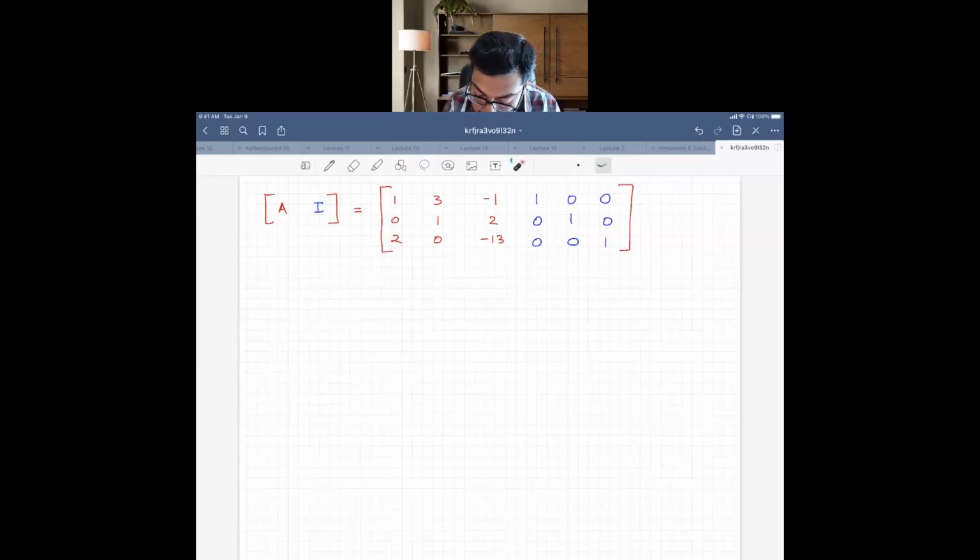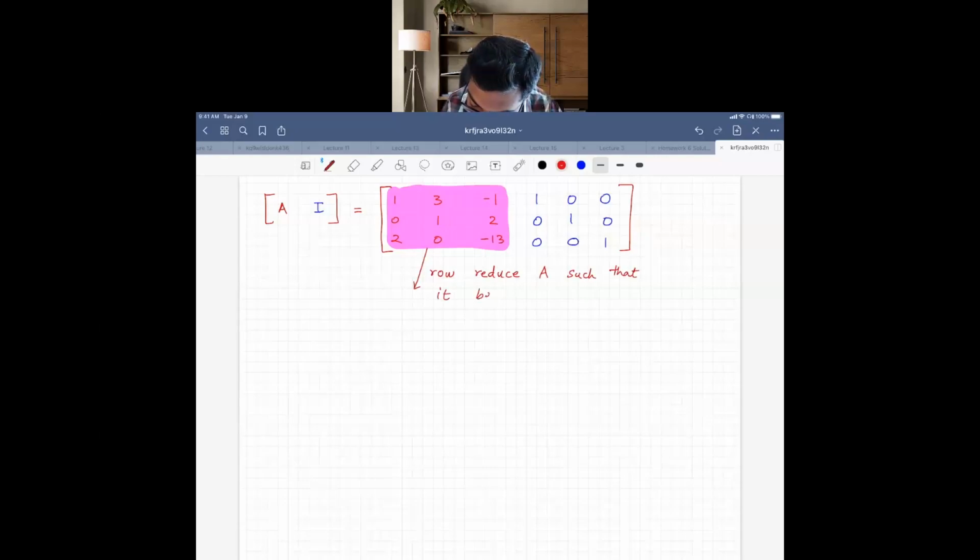So if I row reduce it, I'm trying to attack this, right? Let me show you what I'm trying to do. I am trying to row reduce this. So the goal is to row reduce A such that it becomes row equivalent with identity, right?